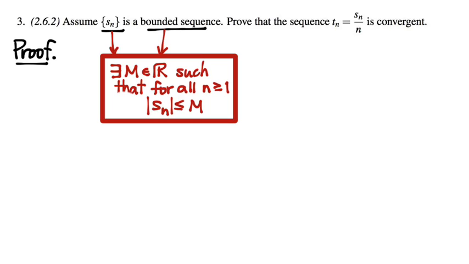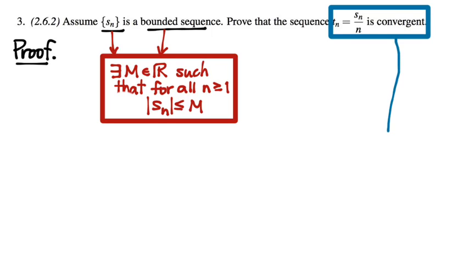And what we now need to establish, I'm going to highlight this in a different color, is we need to show that this sequence, the sequence of Sn over n, is convergent. And so let's write that out in its definition. What would be the definition here?